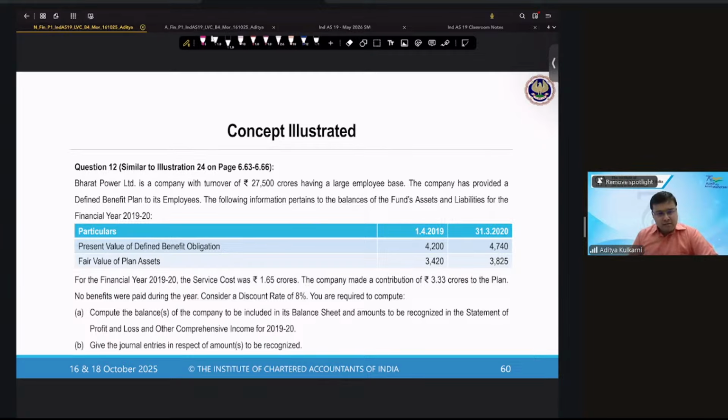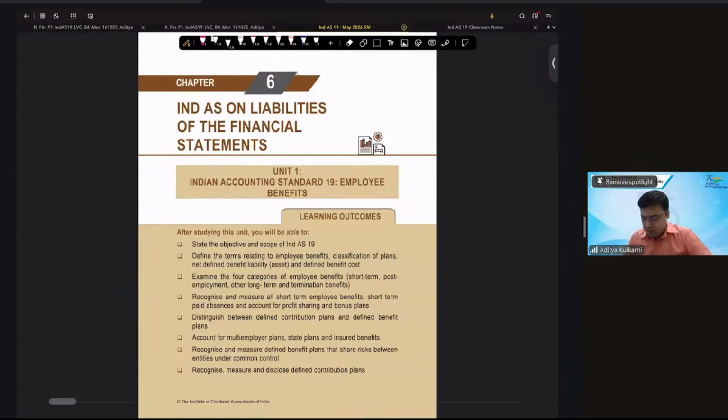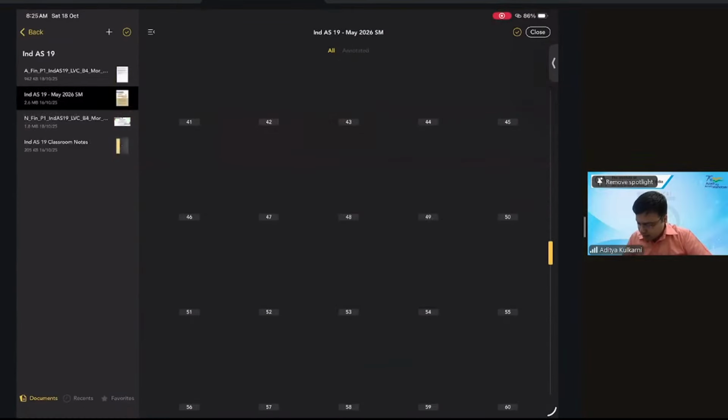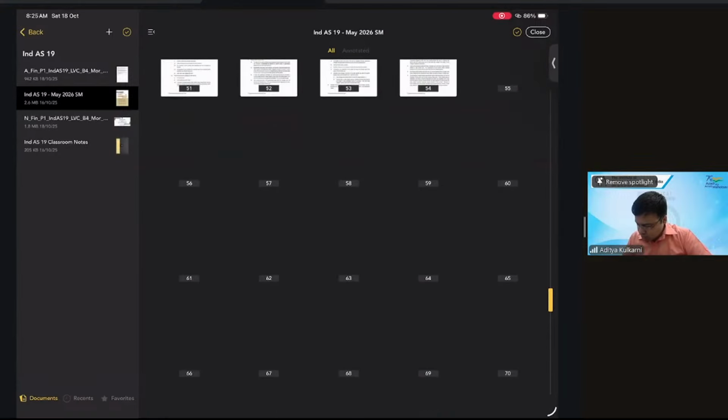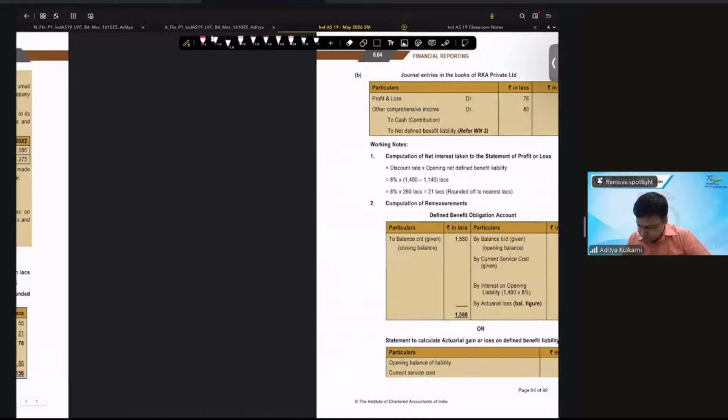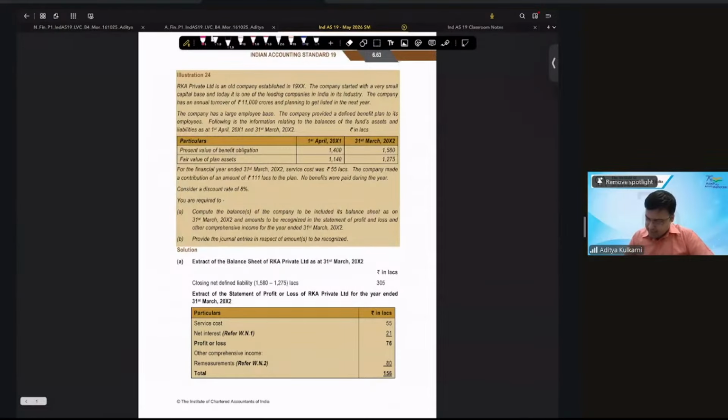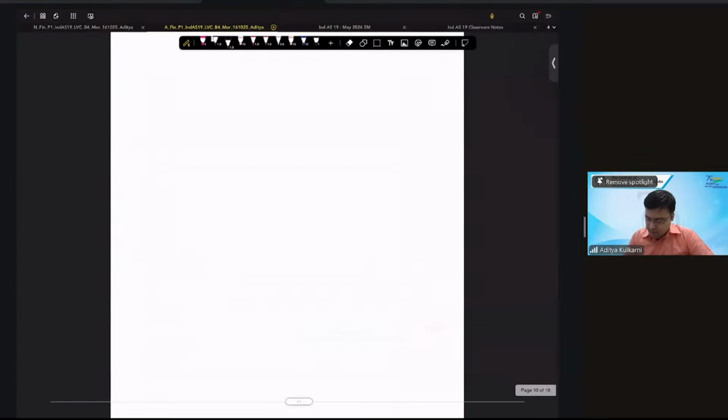These are not directly related to the study module. Figures don't match, but concepts are similar. So I have mentioned this is similar to illustration 24 in the new module. If we open illustration 24 and show you, see, this is illustration 24.